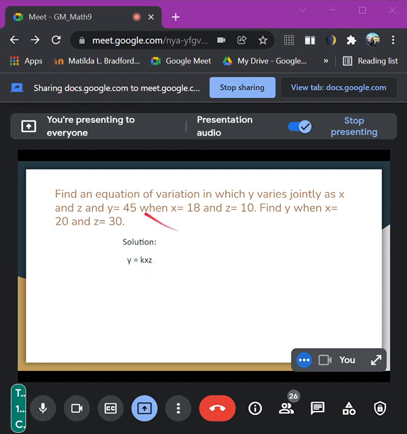So, in finding our k, we substitute our three givens here, which are y, x, and z. So, you have y is 45, x is 18, z is 10. Simplify: 18 times 10 is 180k. And then divide both sides by 180. So, what is 45 over 180?